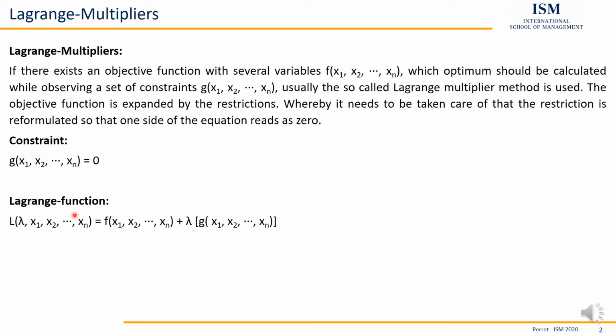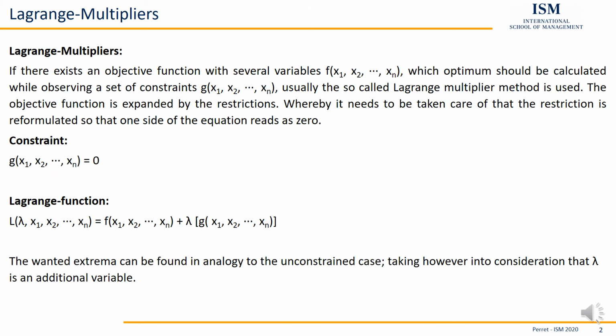And well, once we've done this, we're basically good to go, because the only thing we do now is proceed as we would have done for finding potential extrema of a function with more than one variable. And we do this process regarding the Lagrange function.